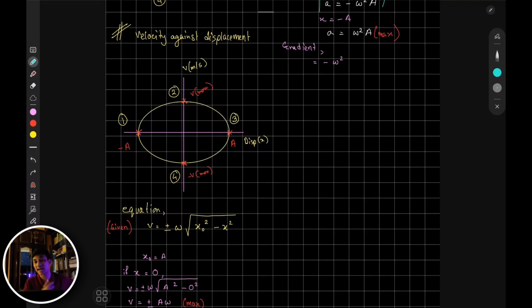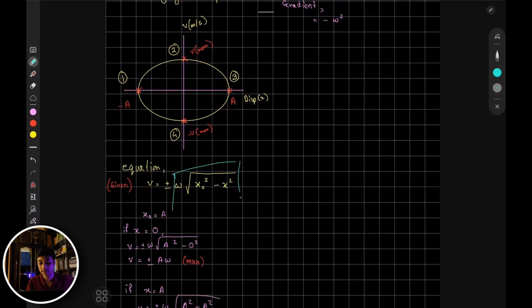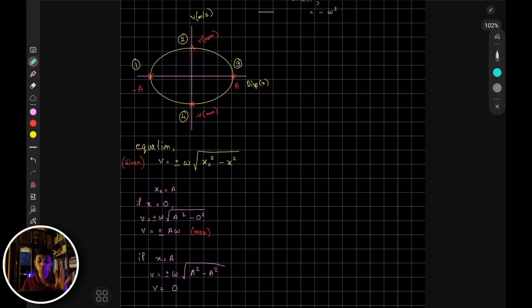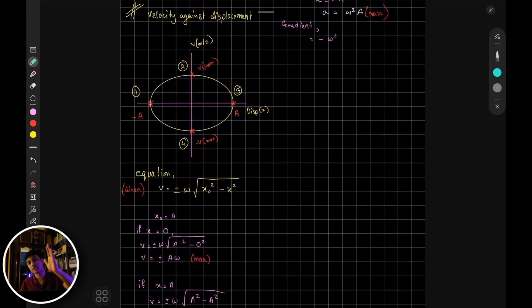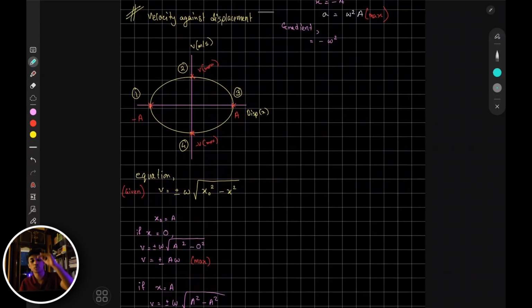And if you take a graphing calculator and plug in this equation, you're going to get an ellipse, granted that you have put in values for all the constants. So just put in random values for omega and x naught, meaning the amplitude, and you're going to see it's an ellipse. Great. So from this, we know that if velocity against time is plotted, we're going to get an ellipse.